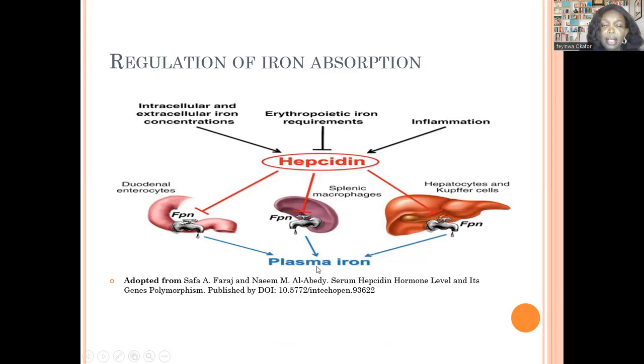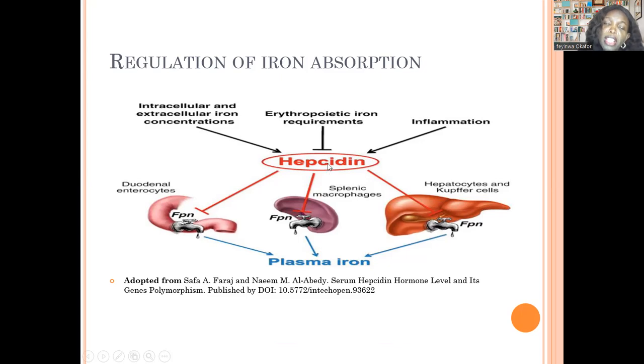But when there is an erythropoietic iron requirement, when there are iron needs in the system, maybe because of anemia, iron deficiency anemia, or increased erythropoiesis is needed, then this causes downregulation of hepcidin production.